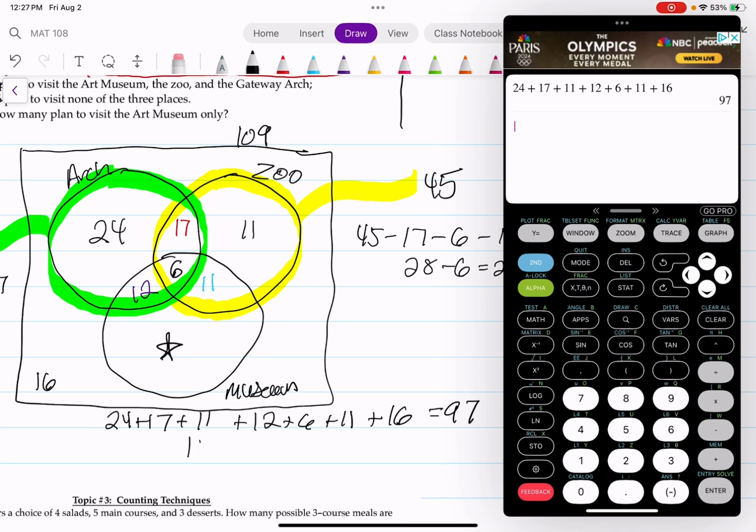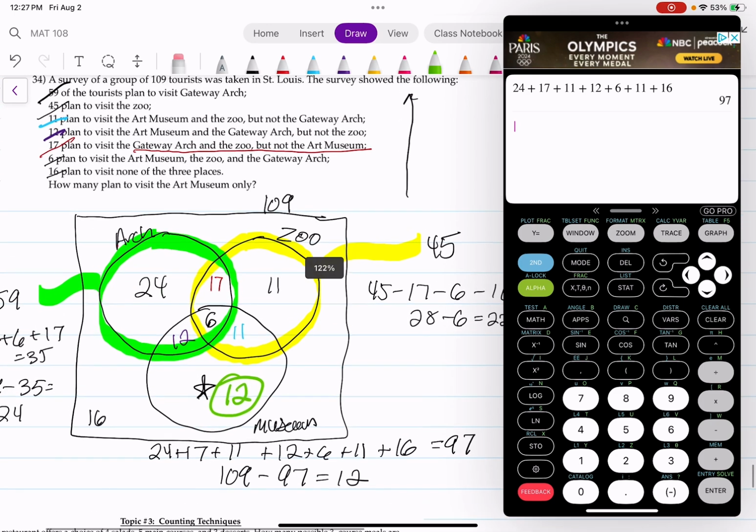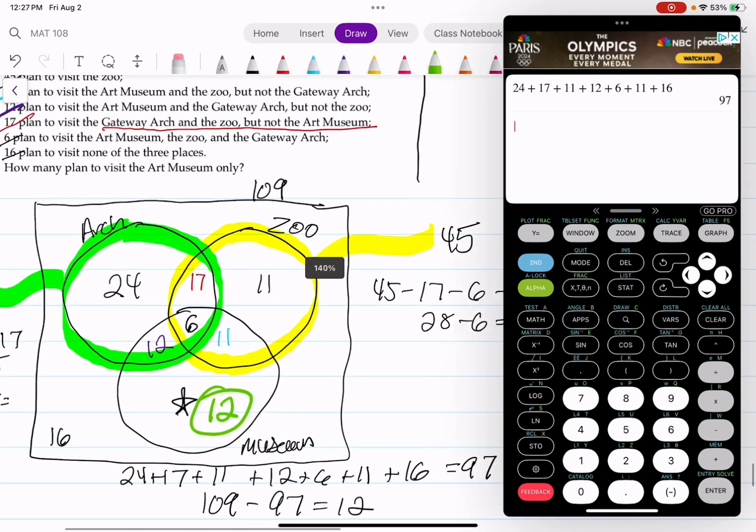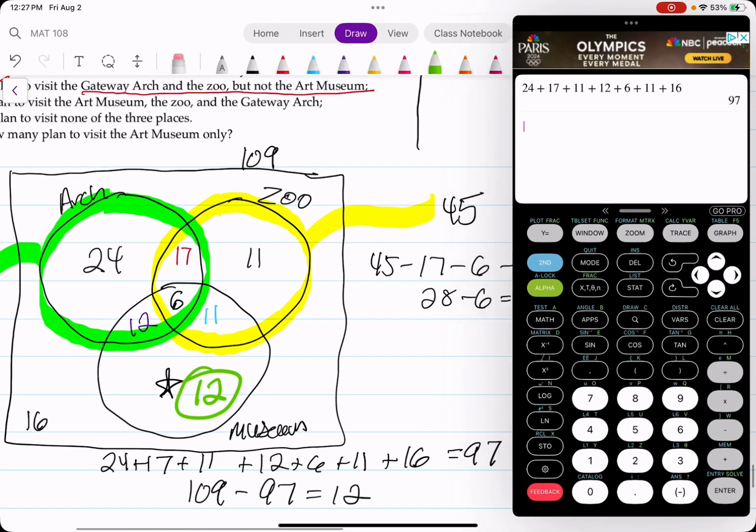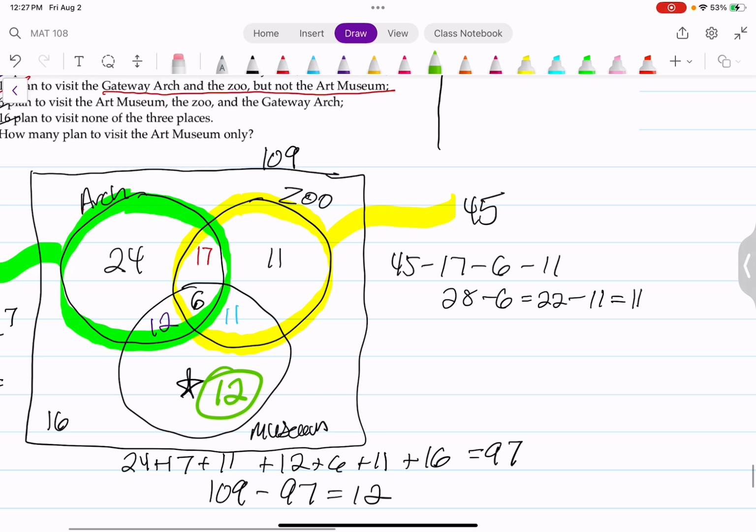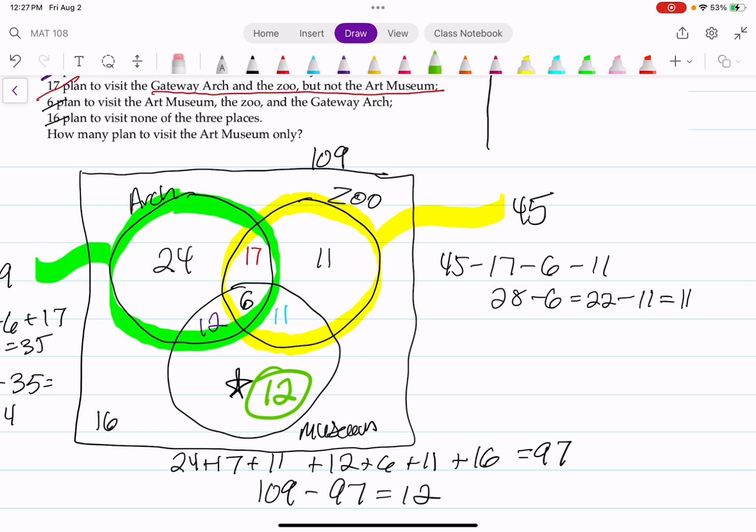Therefore, 109 minus 97 equals 12. So that means that here, 12 tourists plan to visit the art museum only. So the answer is 12. And then we can box that.